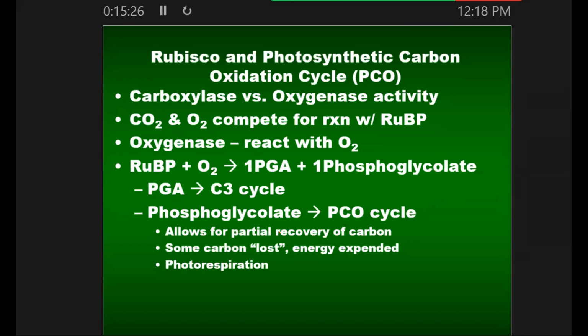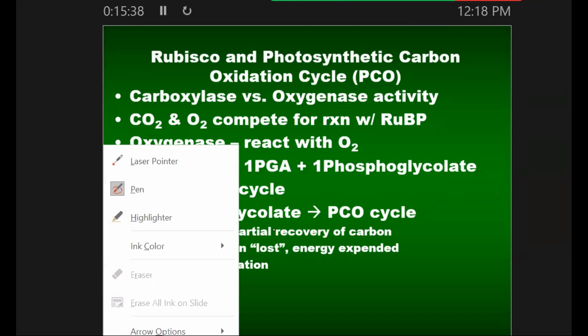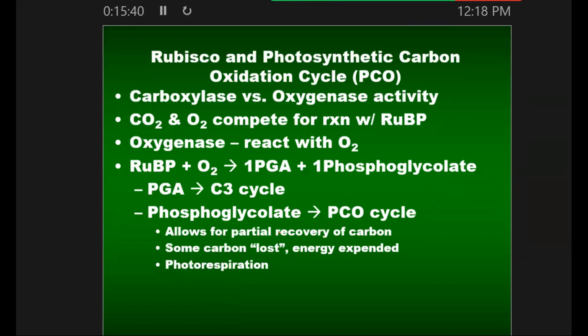Rubisco is an acronym. The RUB part of it refers to ribulose, essentially rubus. The rubus portion stands for the ribulose 1,5-bisphosphate. Okay, that 5-carbon sugar idea.